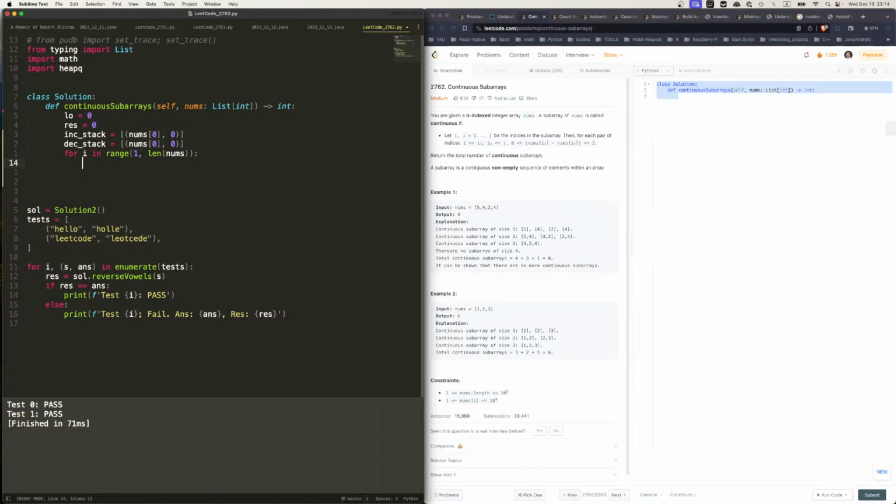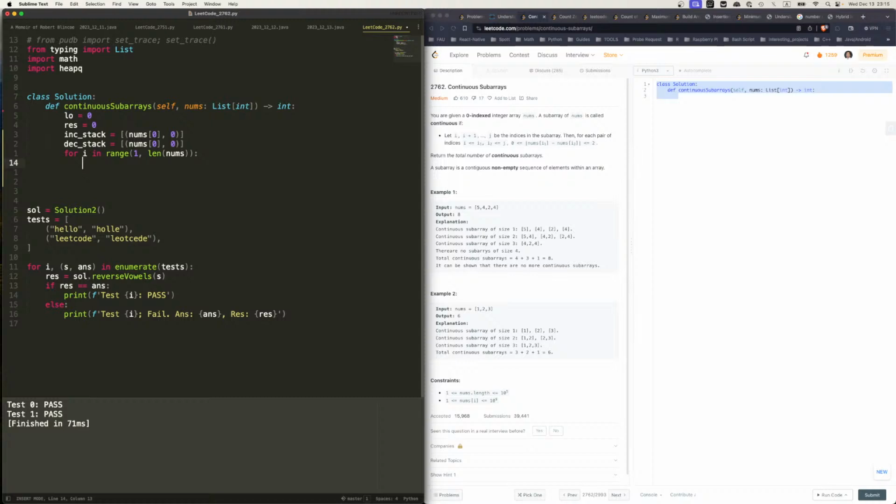Well, if it's too small, the thing is, right, it doesn't really matter, right? If it's too big, too small, you always just go back, right?